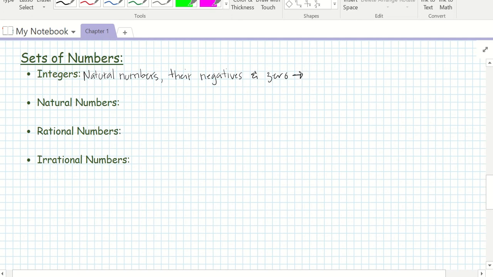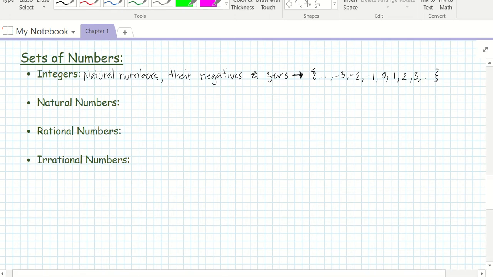An example of a set, usually sets are opened with a curly bracket. We don't know where it starts, but we can say that it's going to go -3, -2, -1, 0, 1, 2, 3. This is an example of a set of integers, or a piece of the set of integers.